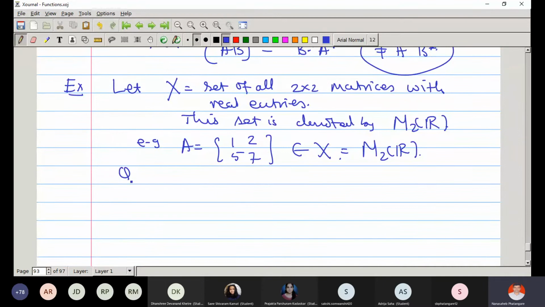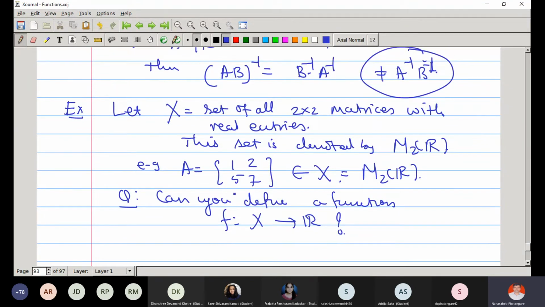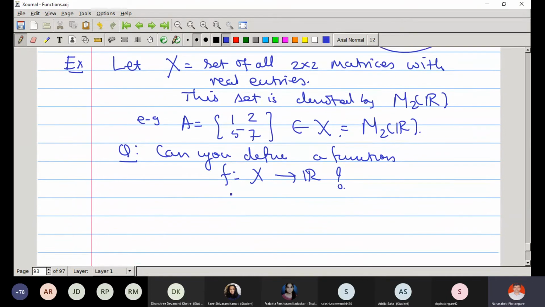Now, the question I would like to ask: can you define a function f from X to R? Can you define a function from the set of matrices to real numbers?